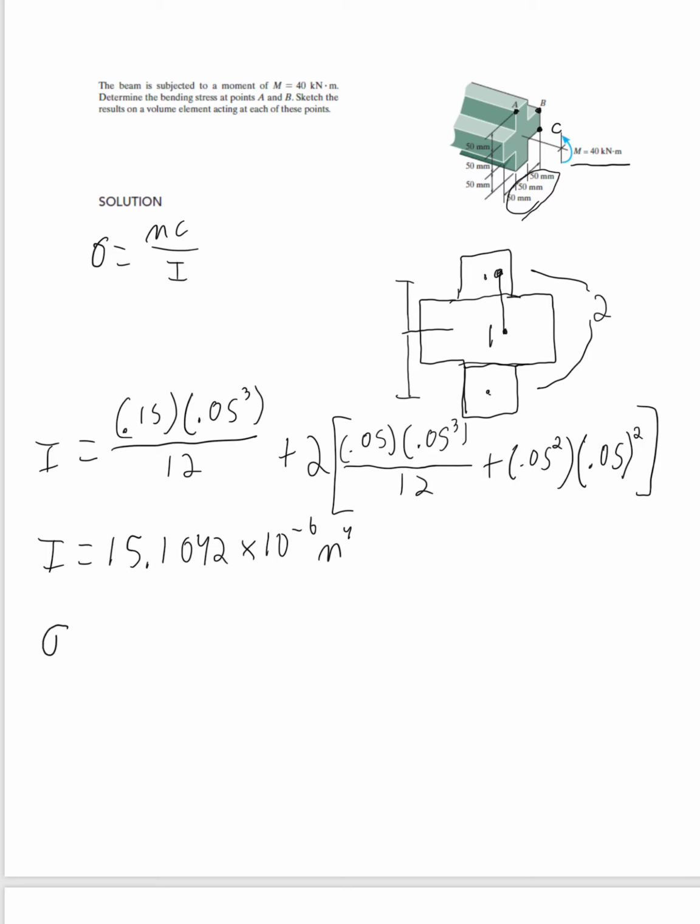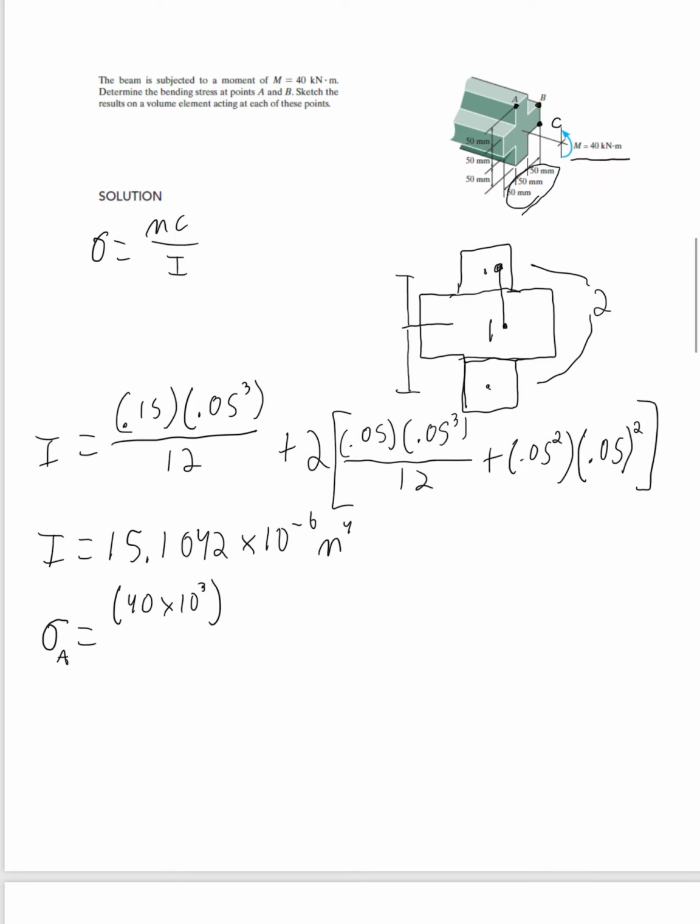So we get stress equals, we'll do point A first, so stress at A. Our bending moment is 40 kilonewton meters. You could leave it in kilonewtons and get kilopascals, or you can say 40 times 10 to the third, and you'll get pascals. Our C for this point, so that's from the centroid of the shape to the distance we're taking at, so there to there.